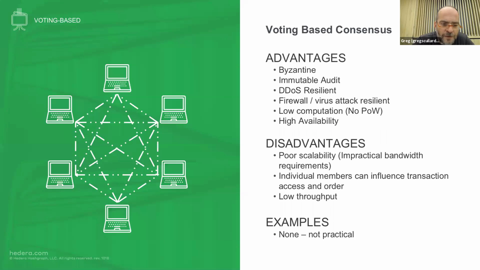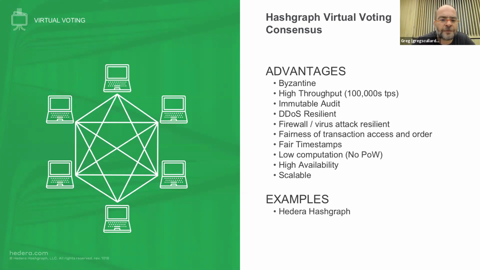So while this on paper is arguably the best consensus algorithm there is, it's just too low throughput to be of any value within the context of Hedera Hashgraph.